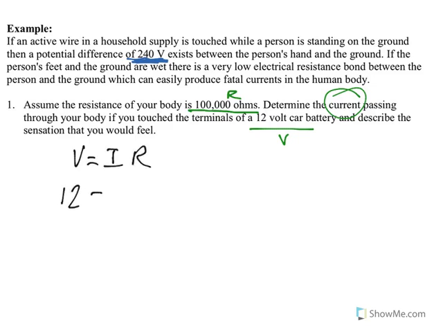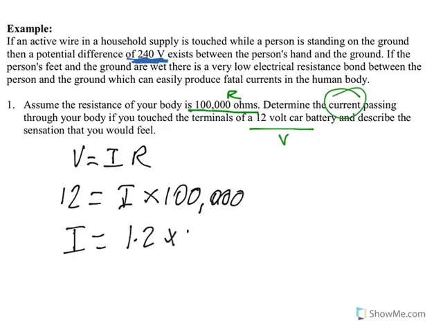So 12 equals current times 100,000. If we divide both sides by 100,000, that would then be a current of 1.2 times 10 to the minus 5 amps.